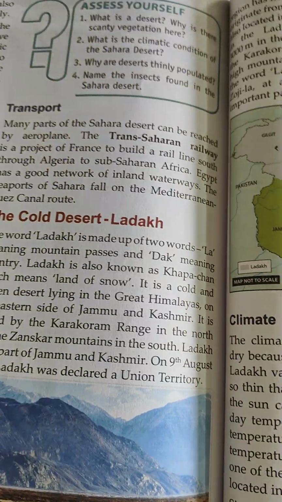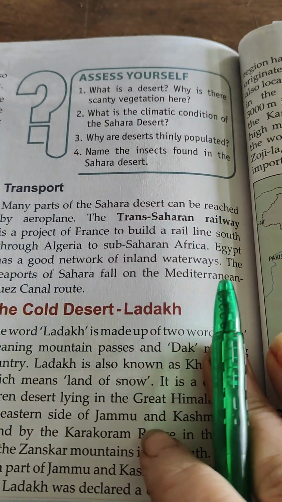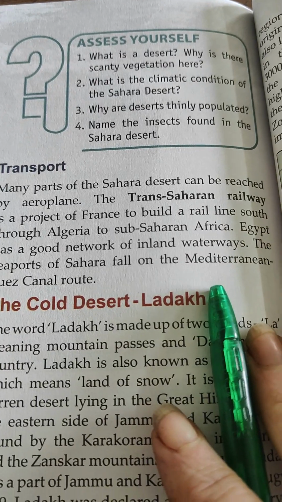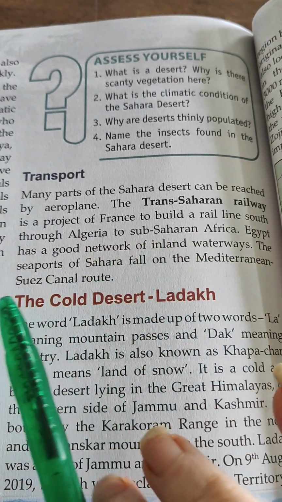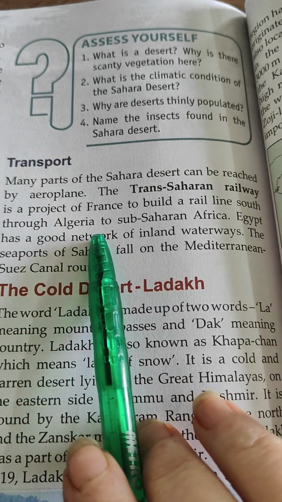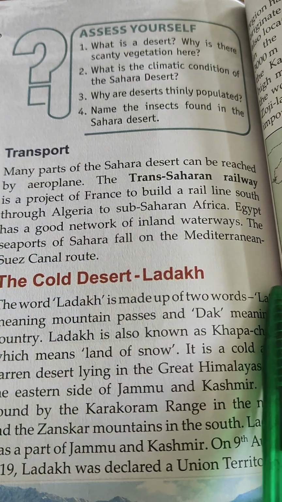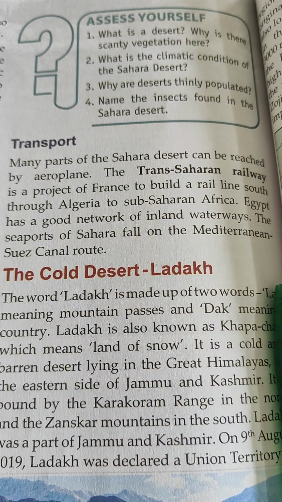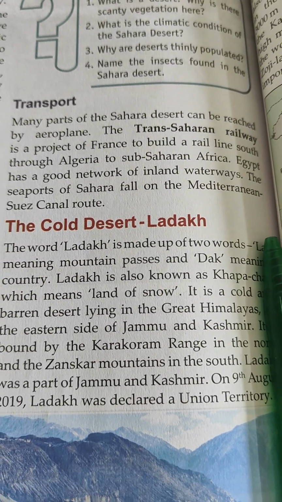Transport facilities are also important. They are connected with the Trans-Sahara Railway, a project of France to build a rail line in the south through Algeria to sub-Saharan Africa. Egypt has a good network of inland waterways. And the Suez Canal is also a good route among the water routes.